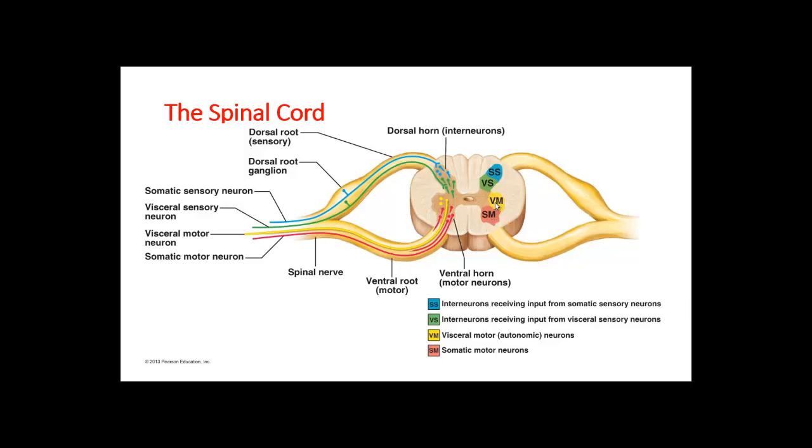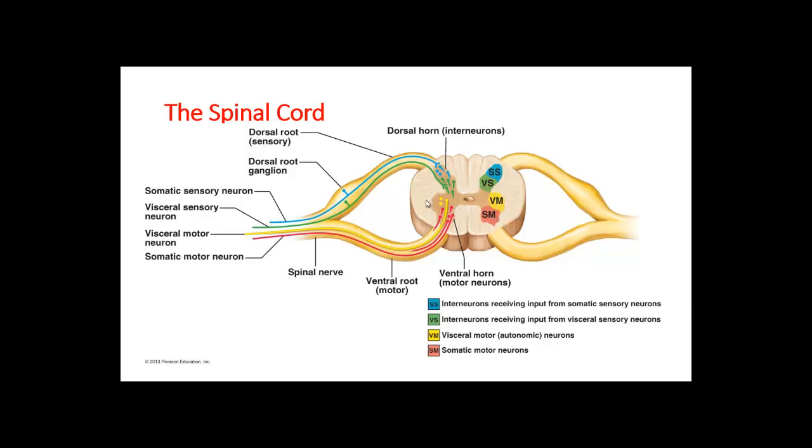Or if they're going to synapse on cardiac muscle, smooth muscle, or glands, those cell bodies are going to start here in the lateral horn, so we have the lateral side here. So different parts of this gray matter are dedicated to specific types of neurons carrying specific information from different parts of the body. So that's what's shown here.